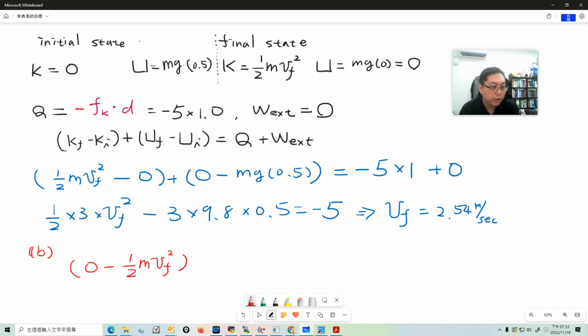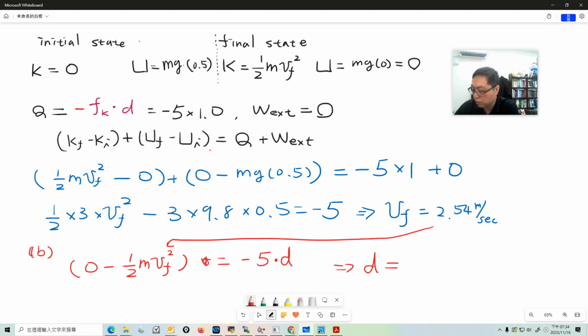With no potential energy difference, the only thing is friction, which is negative, and the friction force is 5 times the distance. No external force, and we have Vf here. Putting it in, we solve for how long you travel: D, the distance on the horizontal surface, is 1.95 meters.